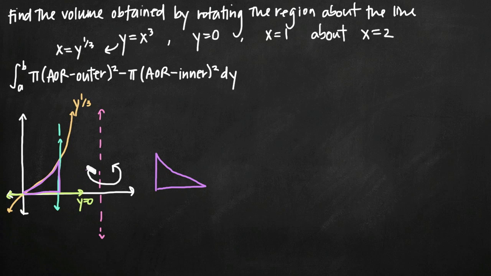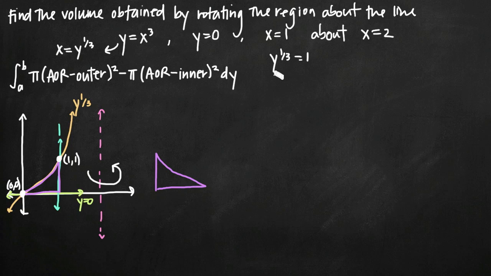We want to find the value of that volume. So what we need to do is realize that we have intersection points. Our curves intersect each other here, and they intersect each other here. We know that the value here is 0, 0 at the origin. This intersection point is at 1, 1. If we didn't know that, we could set our curves equal to one another. We could set y to the 1/3 equal to 1 because they're both equal to x, and we would see y to the 1/3 is equal to 1.